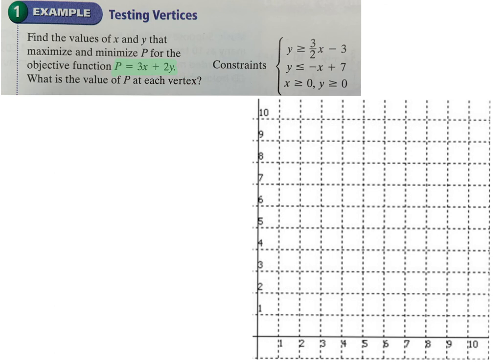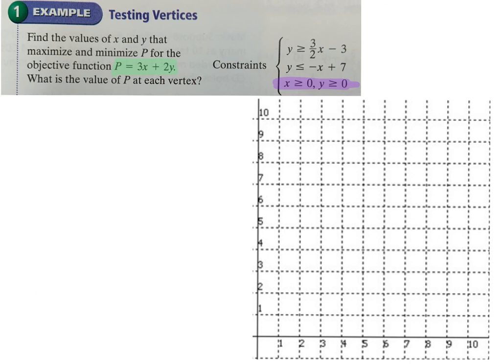We have a constraint right here. This is a very common constraint in a word problem. You'll notice that I only have the first quadrant up here, because one of the constraints is that y is greater than or equal to 0, and that x is greater than or equal to 0. That just threw me into my first quadrant, okay?